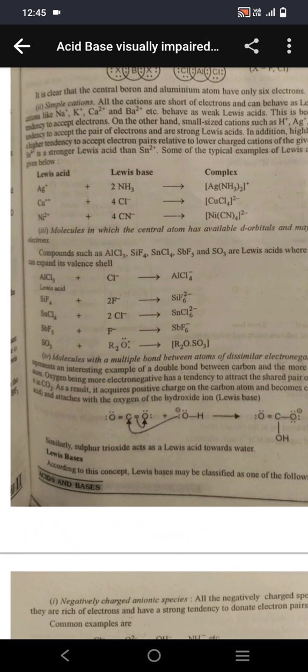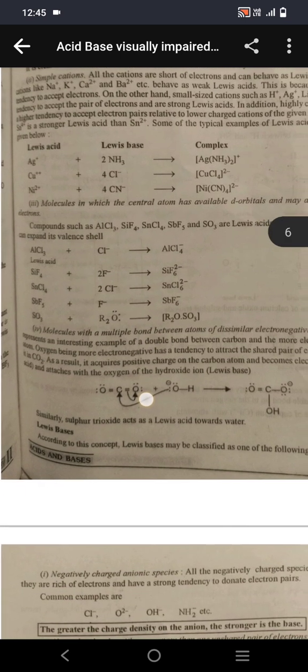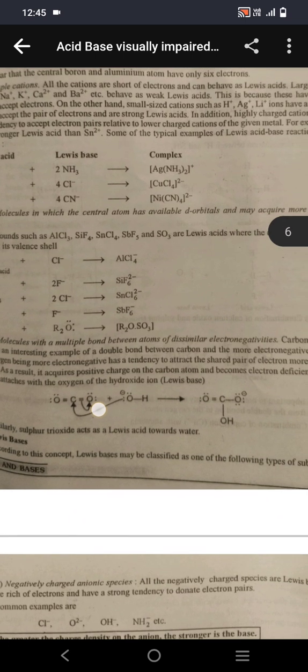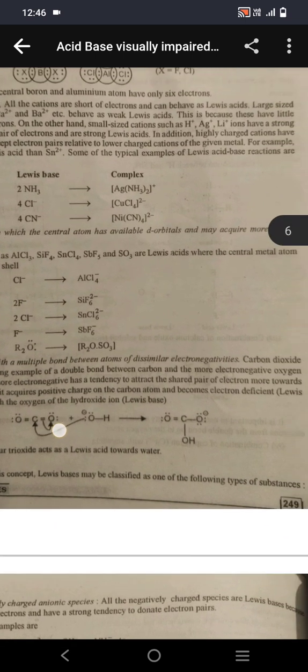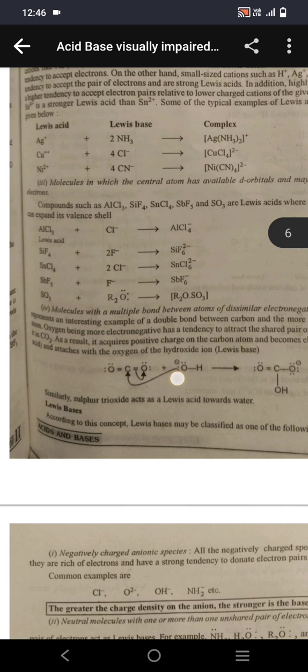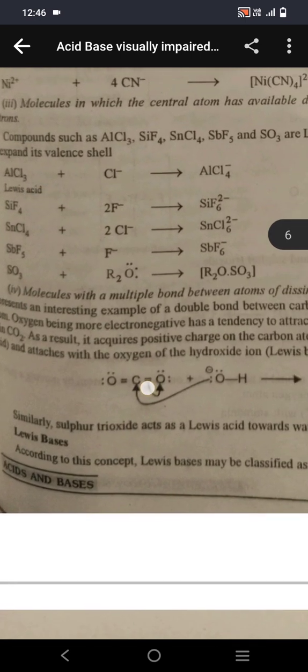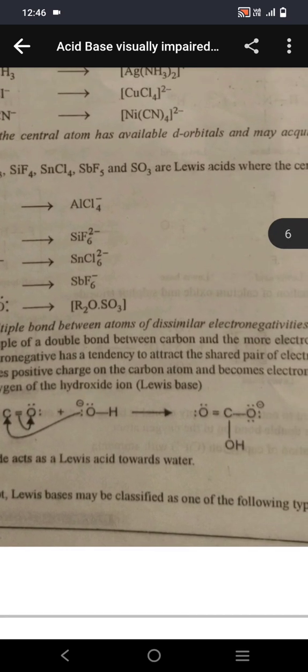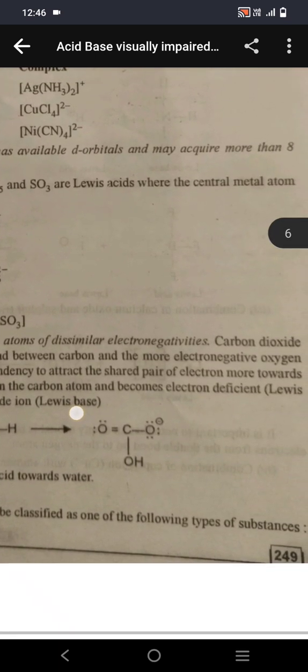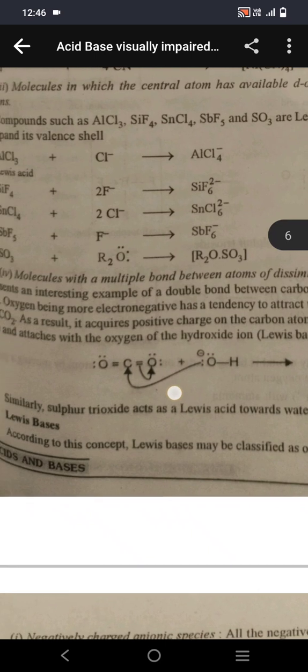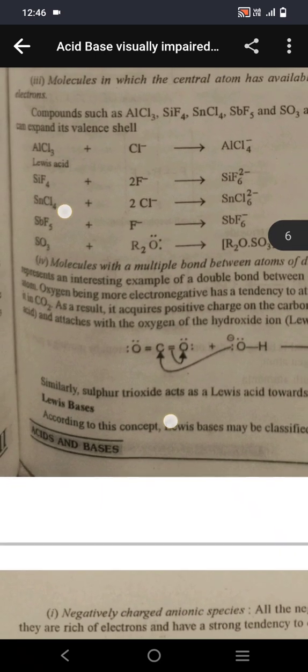Fourth statement is molecules with a multiple bond between atoms of dissimilar electronegativities. Carbon dioxide represents an interesting example of a double bond between the carbon and the more electronegative oxygen atom.